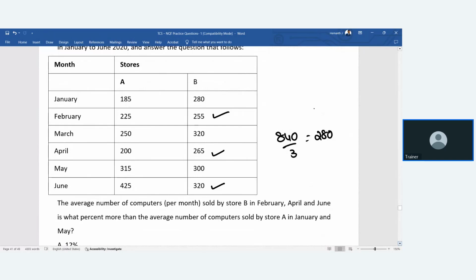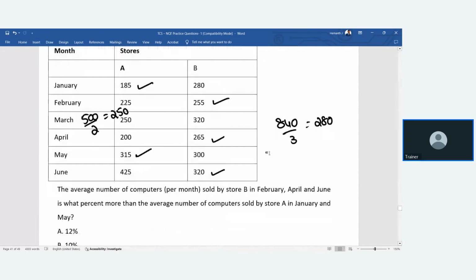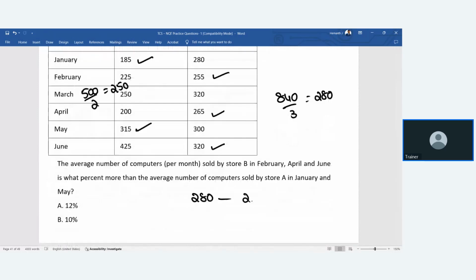Next, with respect to A, the average of A in January and May, the average for this is 500 divided by 2, 250. Now 280 is what percentage more than 250? 280, 250, what percentage more, right? So 30 more than 250, which is 12%.